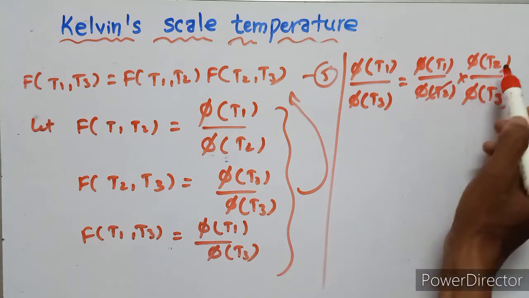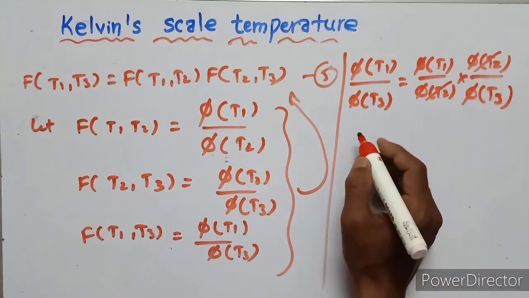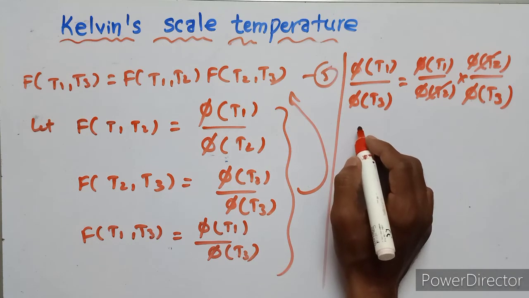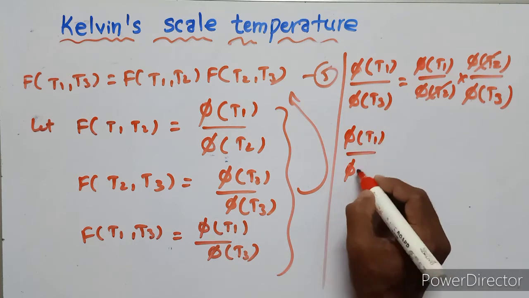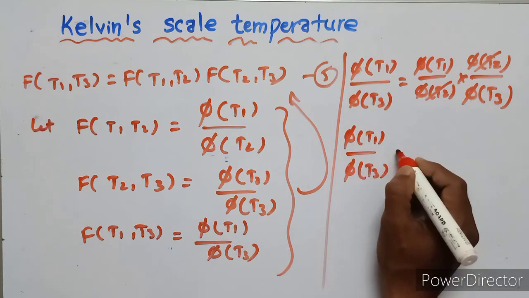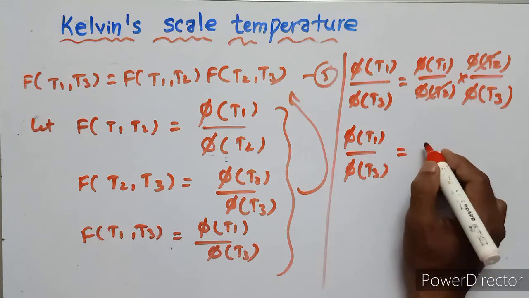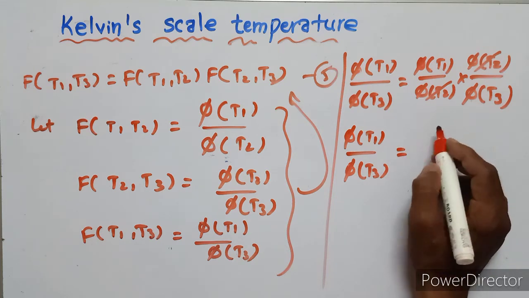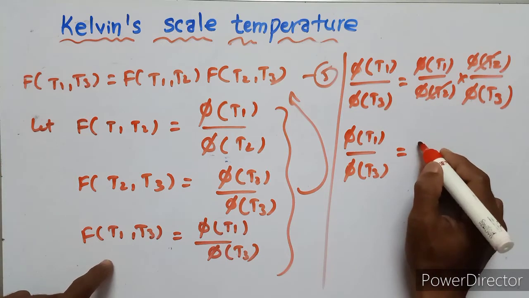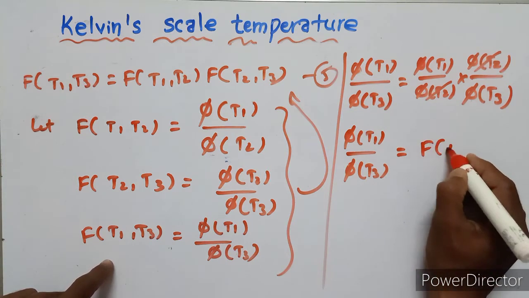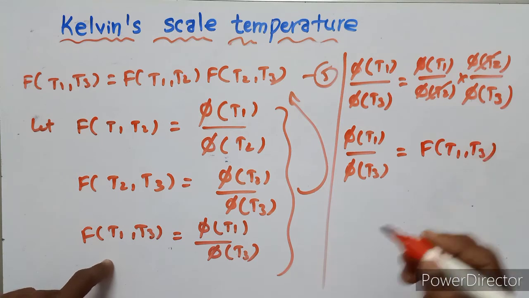Here phi of T2 cancels. Remaining is phi of T1 upon phi of T3, that is f of T1, T3.